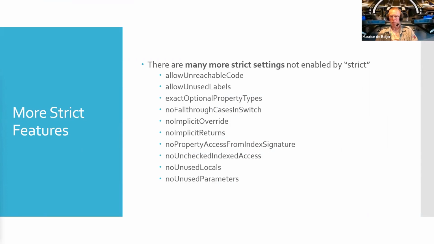Now, there are a couple of specifically interesting ones, like noUncheckedIndexedAccess is useful. If you check an array, for instance, if a certain element is there, well, it might be there, and by default, TypeScript will type it as whatever that array is typed.